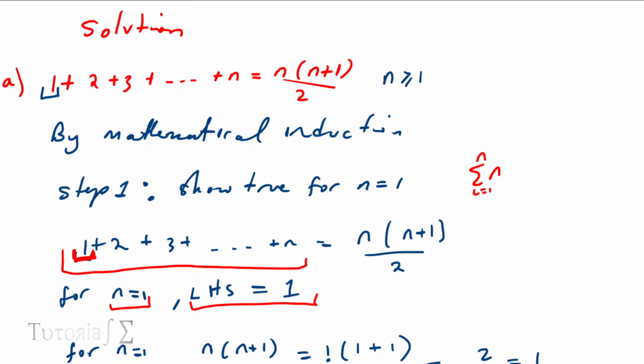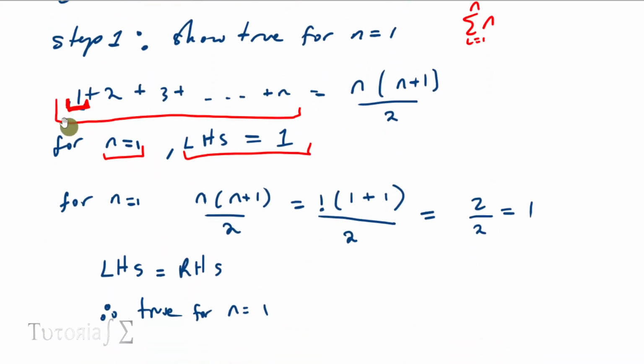And on the right-hand side, for n equals 1, we just take the right-hand side as it is. Where there is n, we'll replace with 1. So this would be 1 times 1 plus 1. When you simplify that, 1 plus 1, you're going to get 2. 2 times 1 is just 2.